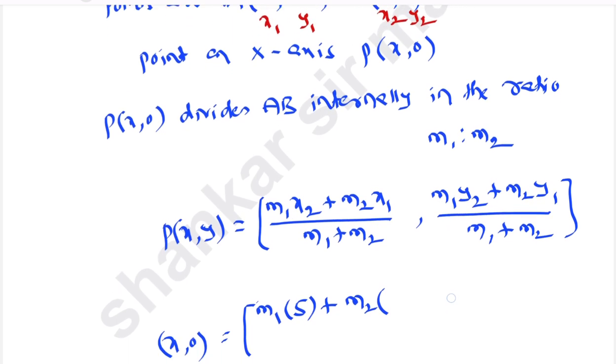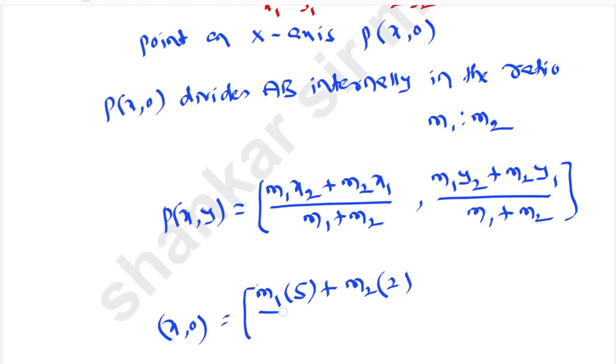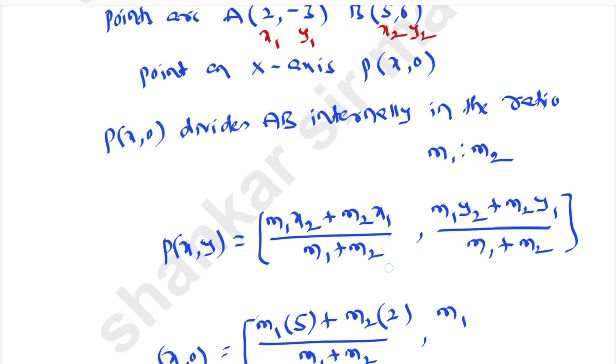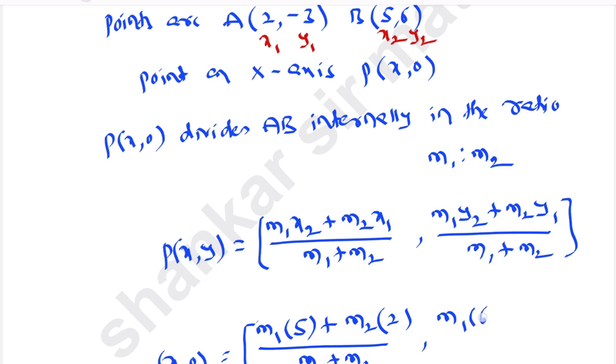What is the x1 there? 2, by m1 plus m2. Now m1 into y2, that is 6, plus m2 into minus 3, whole by m1 plus m2.